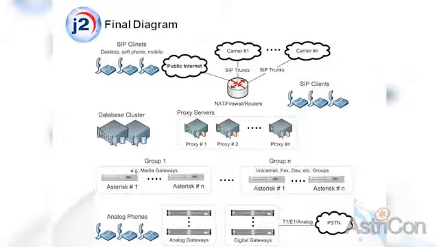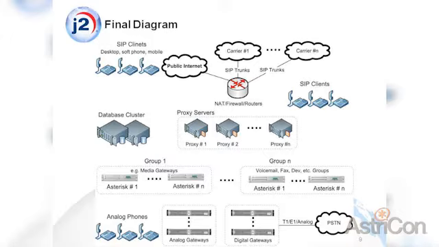So I'm just going to walk through a call scenario. Let's say one of our SIP clients, which could be a desktop phone, soft phone, or mobile phone, wants to go to PSTN, wants to make a phone call. The INVITE message, the call request, comes to the active proxy server.